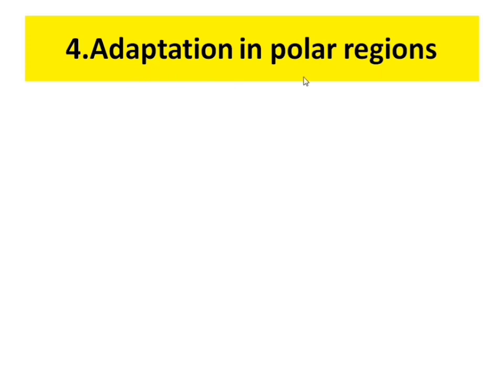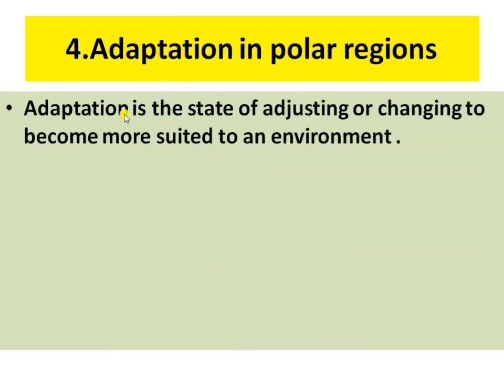Moving on to the fourth topic, or the last topic of this lecture, that is adaptation in polar regions. First we are going to define adaptation. Adaptation is the state of adjusting or changing to become more suited to an environment.